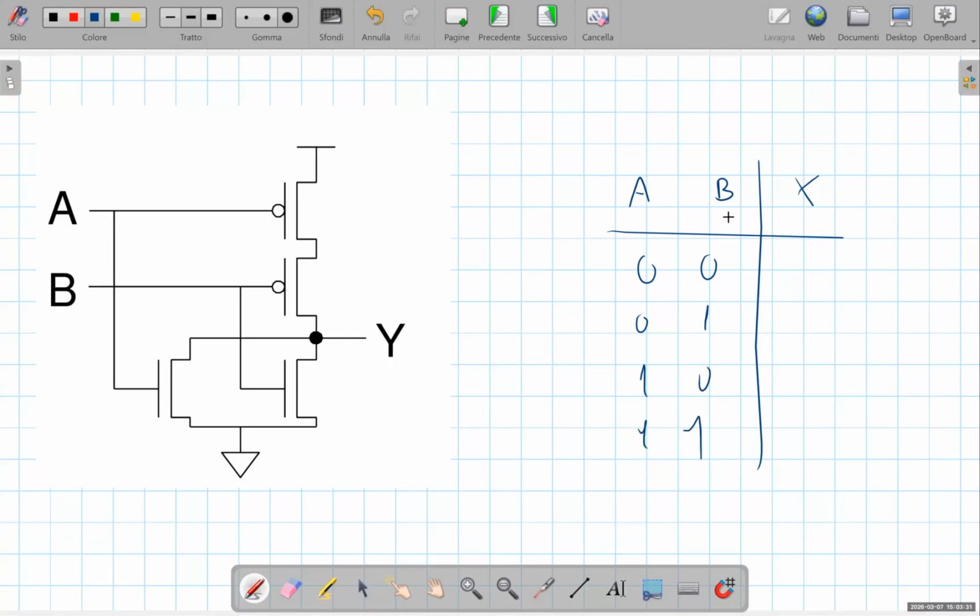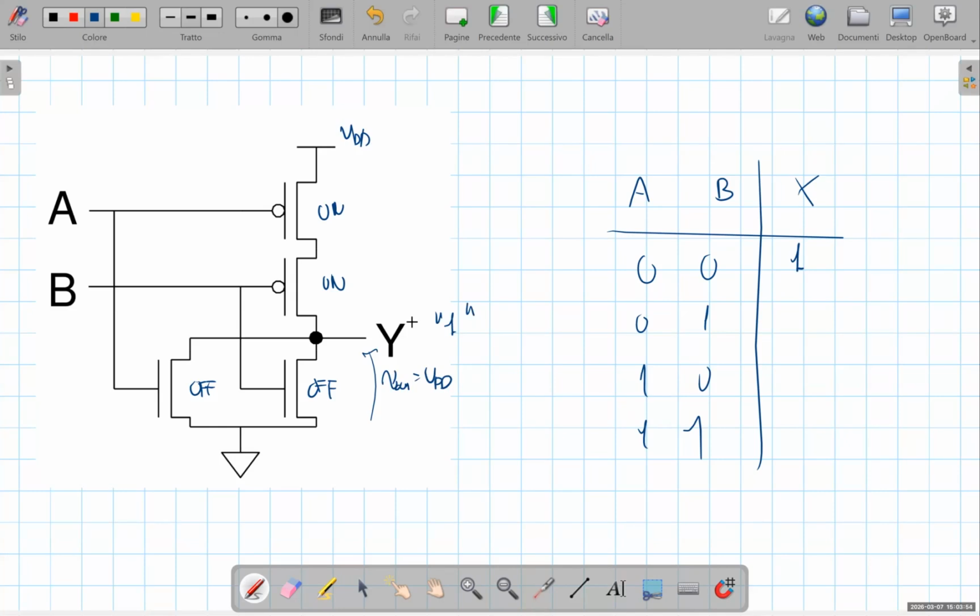When we have both A and B at 0, we have both the PMOS transistors on, both the NMOS transistors off, so the output is connected to the supply voltage. The output is VDD, which corresponds to a logic 1.